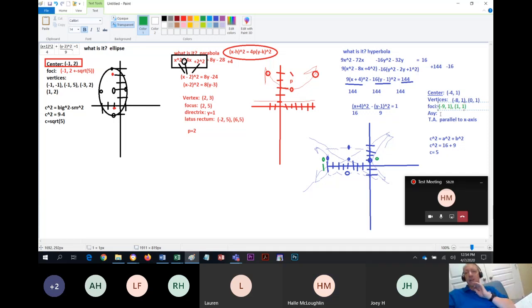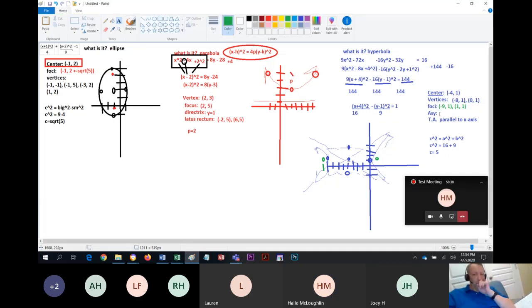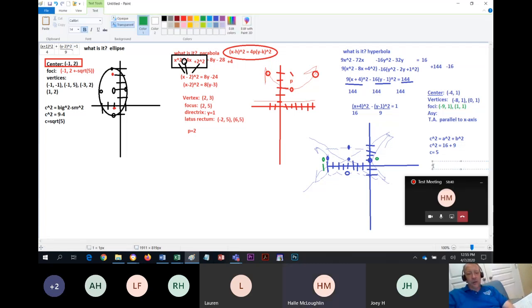Now the asymptote, this one gets a little bit tricky. So we've got x squared first, so normally our asymptote would be y equals plus or minus b over a times x. That looks a little funny, but that makes sense.